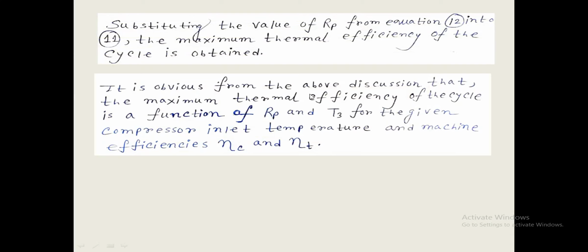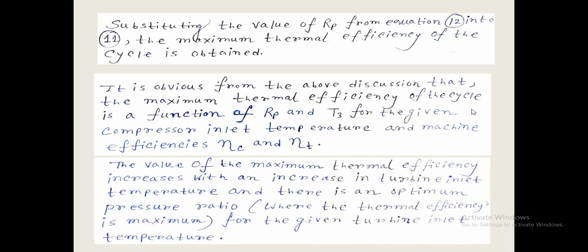It is obvious from the above discussion that the maximum thermal efficiency of the cycle is a function of Rp and T3 for the given compressor inlet temperature and machine efficiencies eta C and eta T, compressor efficiency and turbine efficiency. The value of the maximum thermal efficiency increases with an increase in turbine inlet temperature, and there is an optimum pressure ratio where the thermal efficiency is maximum for the given turbine inlet temperature.